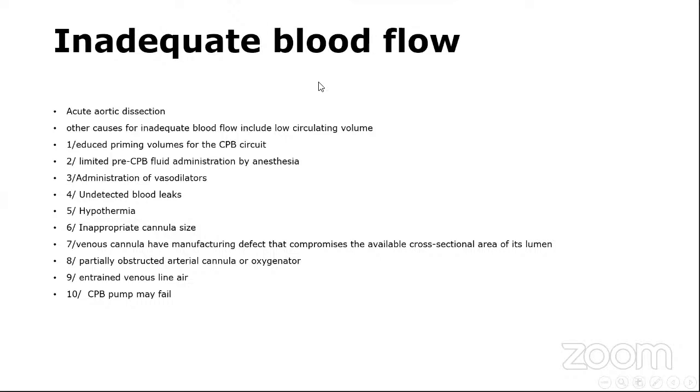And undetected blood leak also, which most commonly occurs in the operative field due to the Swan-Ganz catheter, especially once we go into hypothermia and the tip of the catheter stiffens and becomes cold.